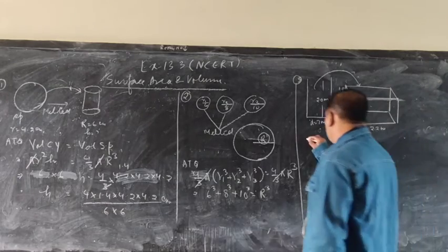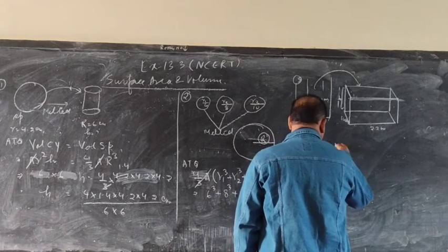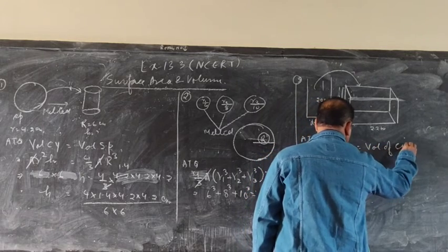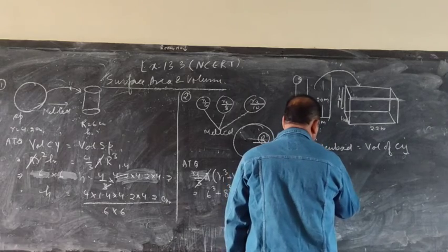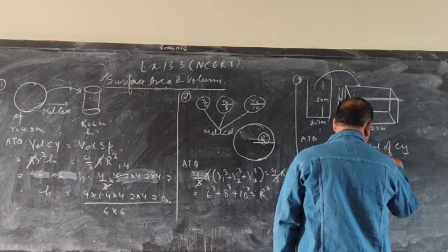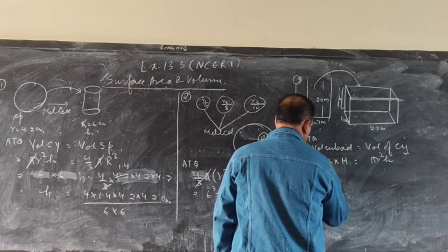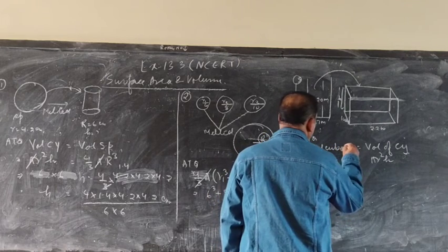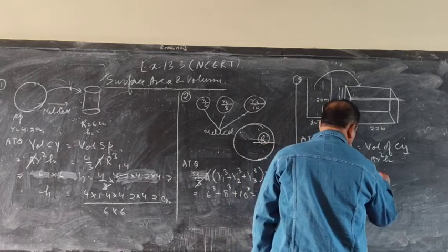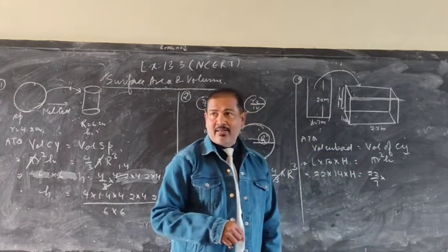So what is it here? According to the question, volume of cuboid is equal to volume of cylinder. l into b into h is equal to pi r square h. l is given 22, b is given 14, and h we need to calculate. That is 22 upon 7 for pi. r is given 7 upon 2 because diameter is 7.